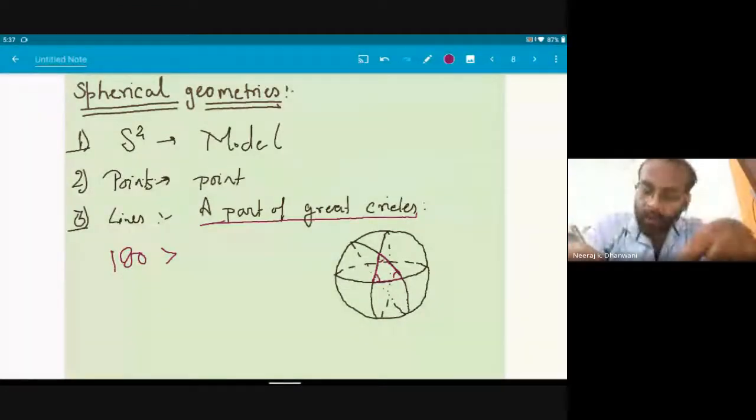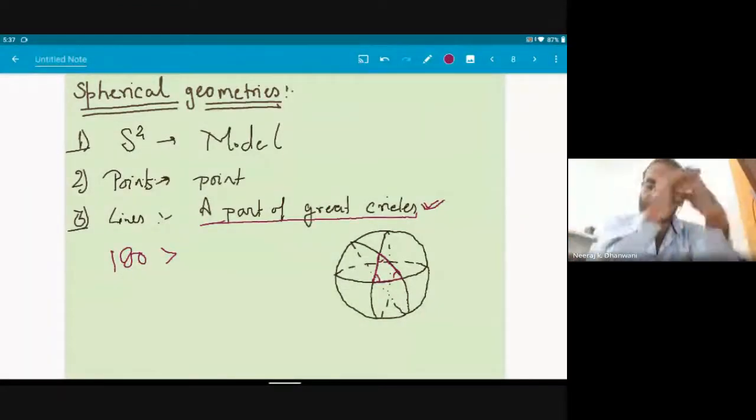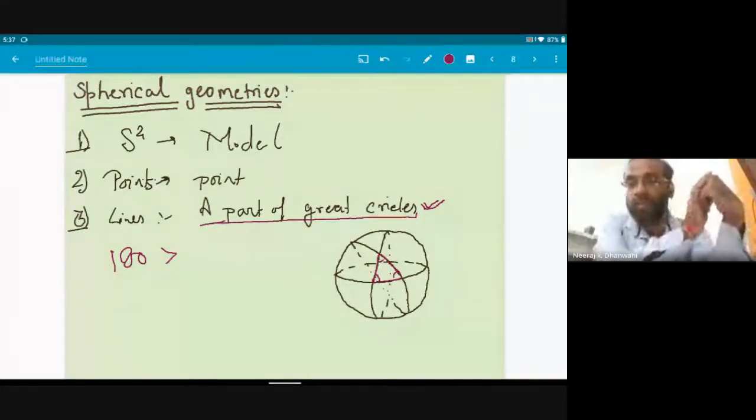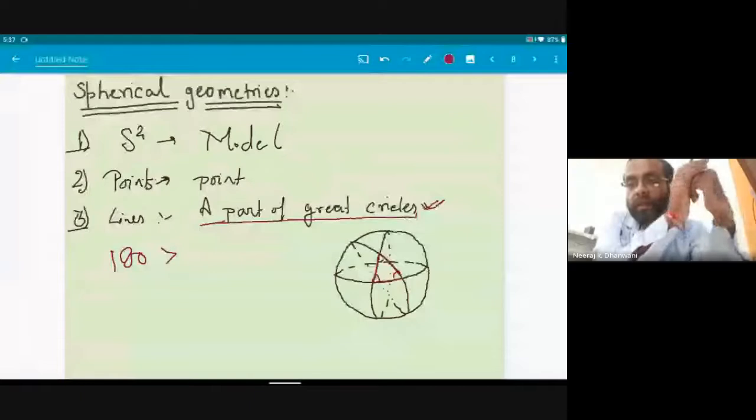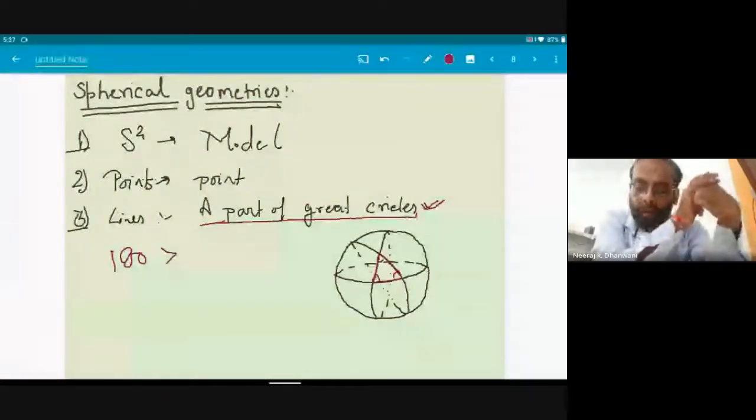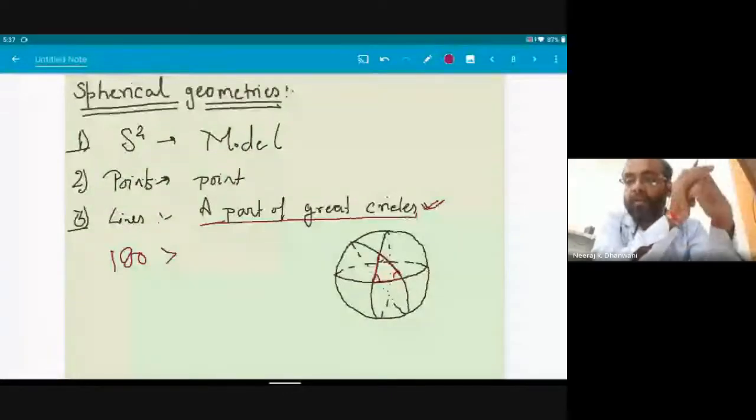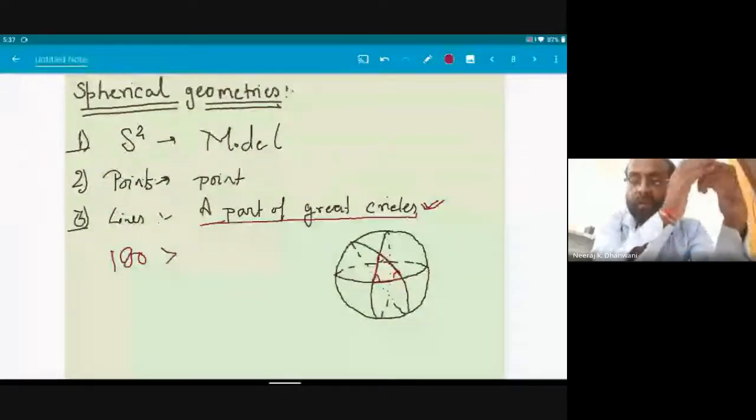This is one thing which can be done, but still we are not happy with this, because it's still not giving our answer for the parallel postulate. It's satisfying the properties, yes, but it's not giving me something different, which is what we are looking for.